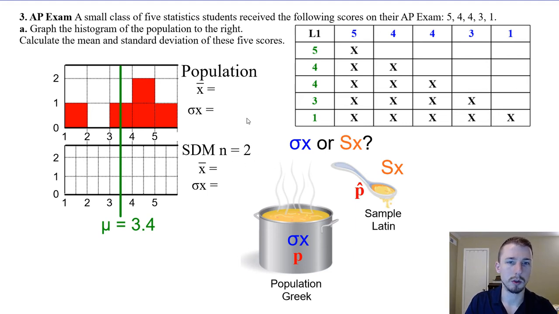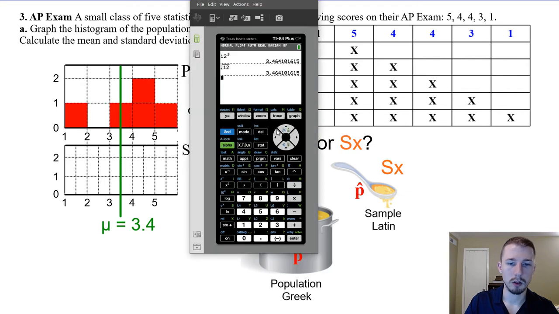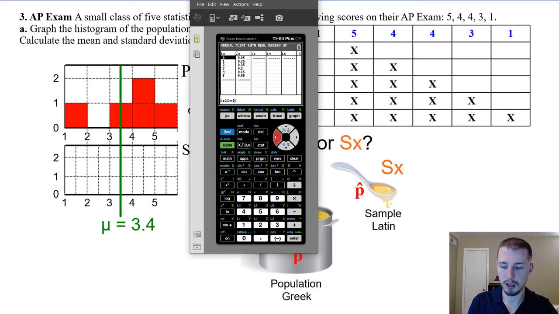So the next thing we're going to do is a sampling distribution model where we're taking the average of 2 scores. So for the average for this one, let me pull up my calculator real quick. Basically, we can put all this data into list 1 and then run 1-variable stats, and it will give us the mean and standard deviation. So let me go to stat, stat edit, and I'm going to put all of this data in here: 5, 4, 4, 3, 1, and I'm going to delete this one here.